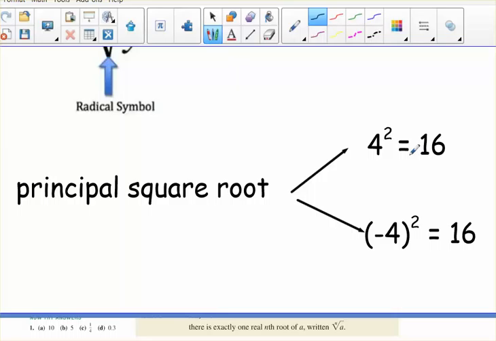And if we square negative 4, we get 16. So we're going to say that the principal square root is the positive root. So the principal square root is going to be the positive one. And this is also a root, but if they're asking for the principal, we're going to go with the positive root.